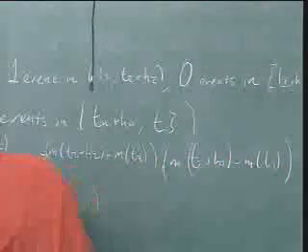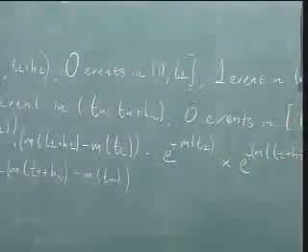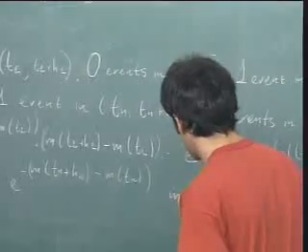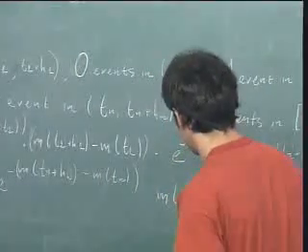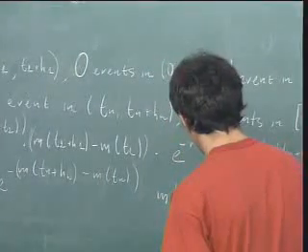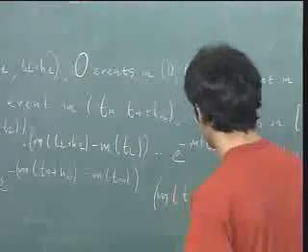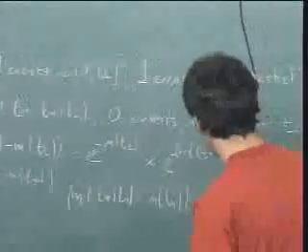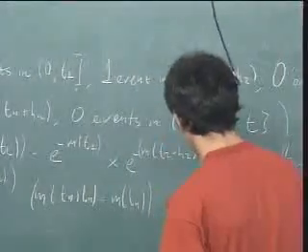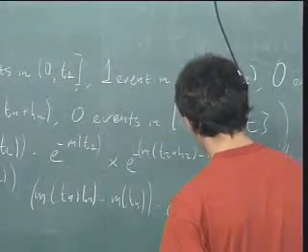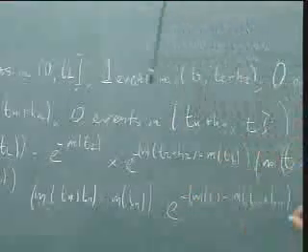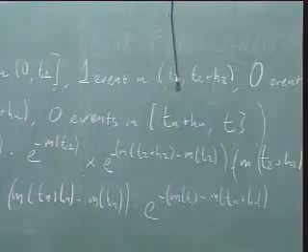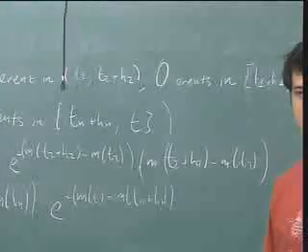And then same thing here. Times m of Tn plus Hn minus m of Tn times e to the minus m of t minus m of Tn plus Hn. Whew. Okay, thanks a lot. Okay, does that make more sense now?